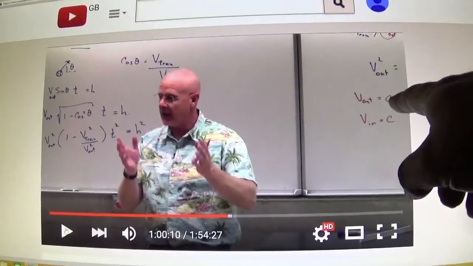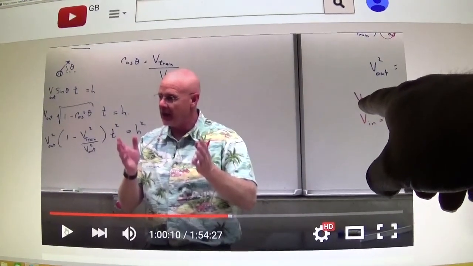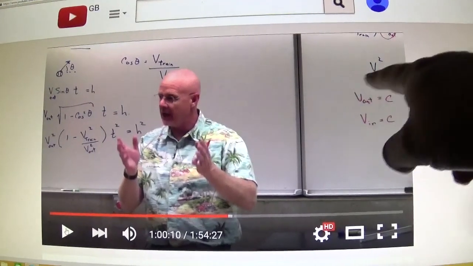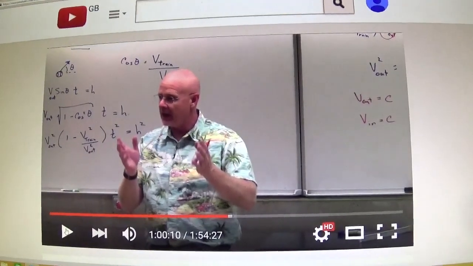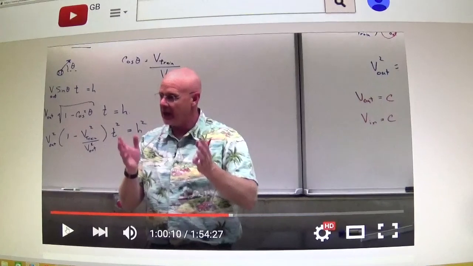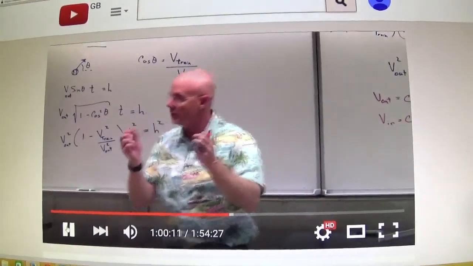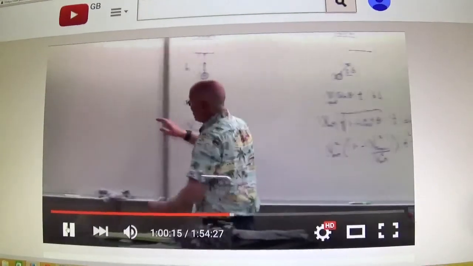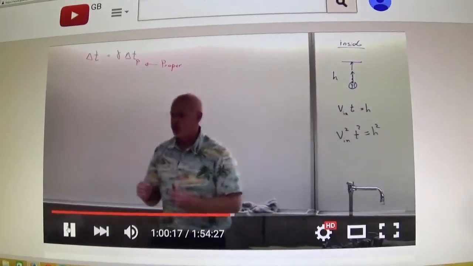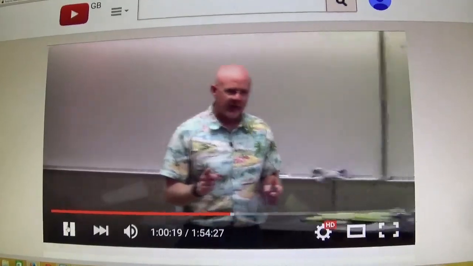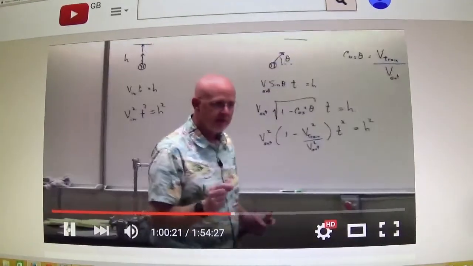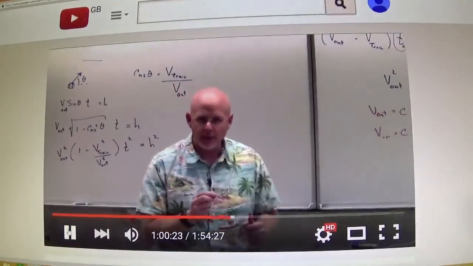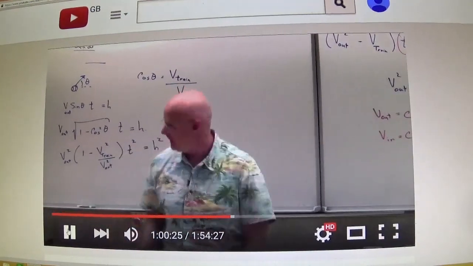What's presented is Einstein's going to have V out and V in as equal to C, and then T out and T in will be different. Goes a little bit slower here. Let's look closely at this. This proper time then becomes our reference point. Everybody will agree with the same proper time. And so what do we mean here by proper time then?